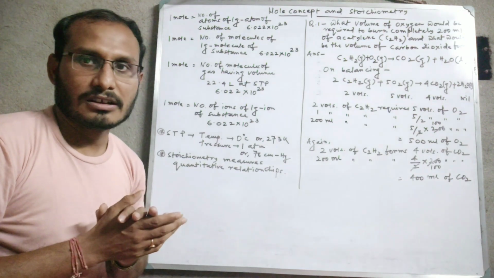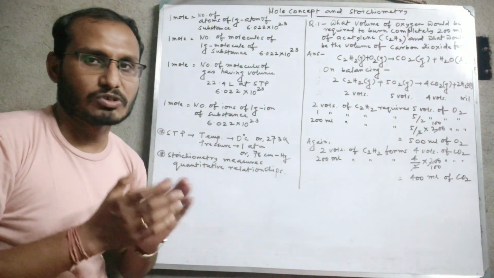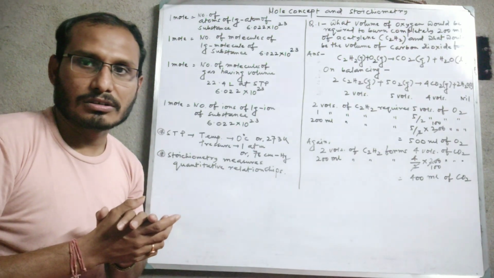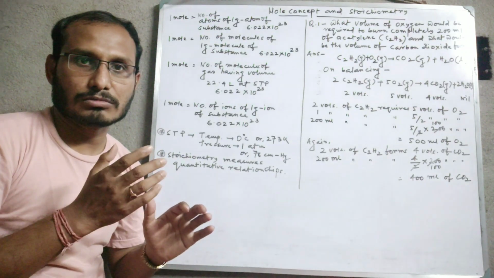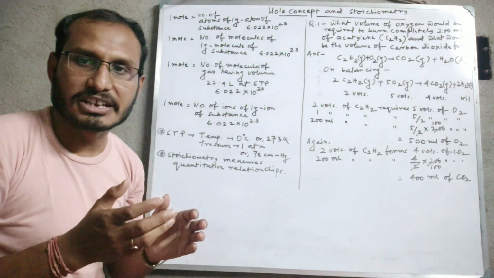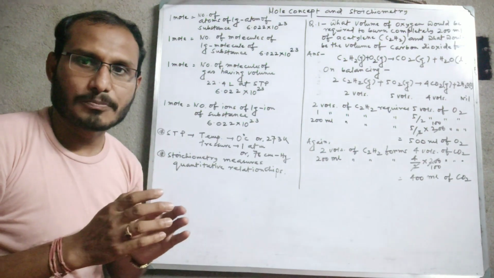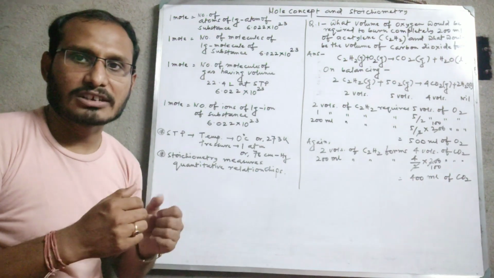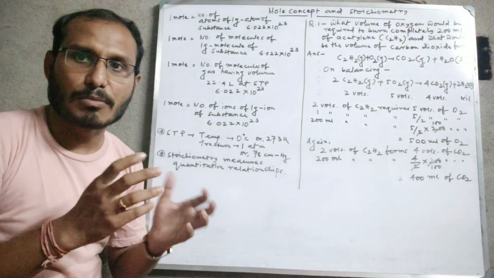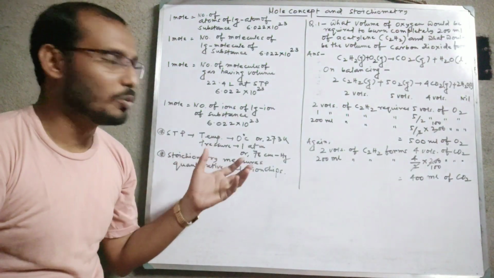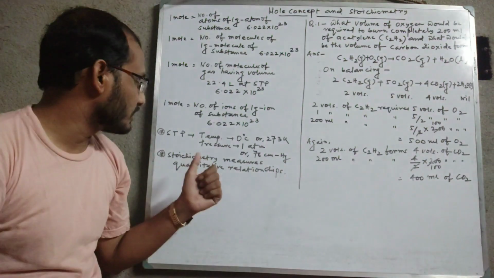That means it denotes the number of moles or number of molecules acting in the reaction medium as reactants, and the number of molecules or number of moles of the products produced are also represented by the stoichiometry.